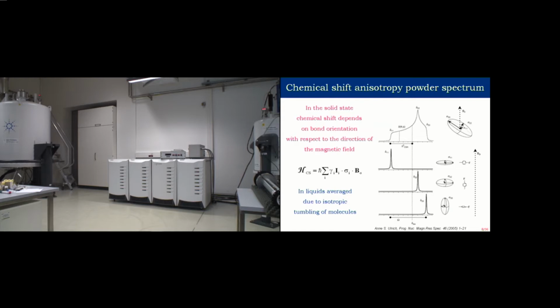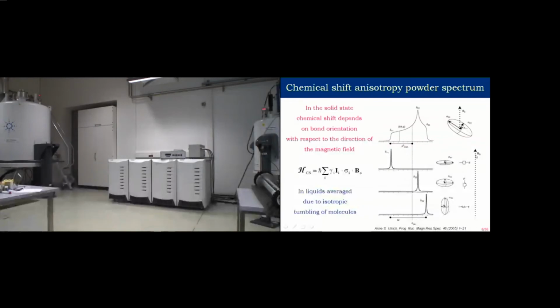For example, on the right side of this slide, you have three situations of molecules, rings, positioned at three different orientations to the main axis of the external field, with the distribution of the parameter sigma 1 1, giving the spectra at this position.